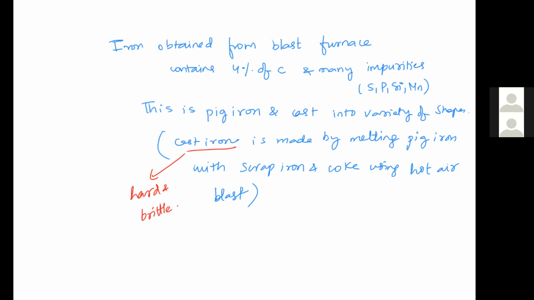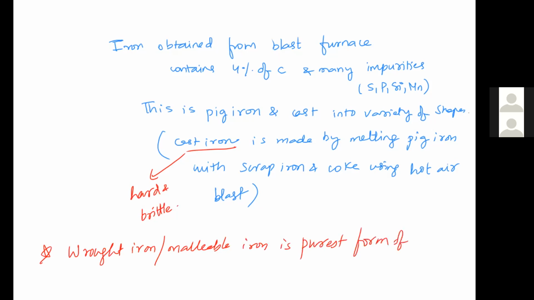So after this, very important, wrought iron or malleable iron is the purest form of commercial iron. How is it made?